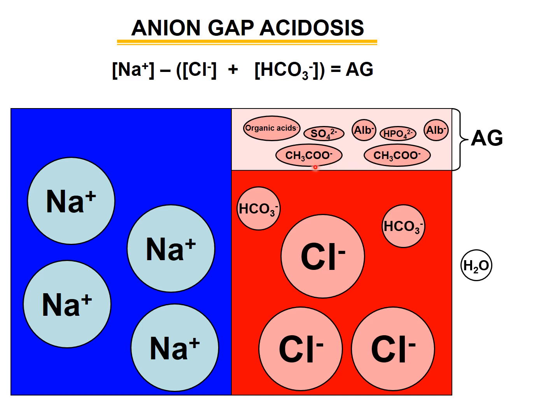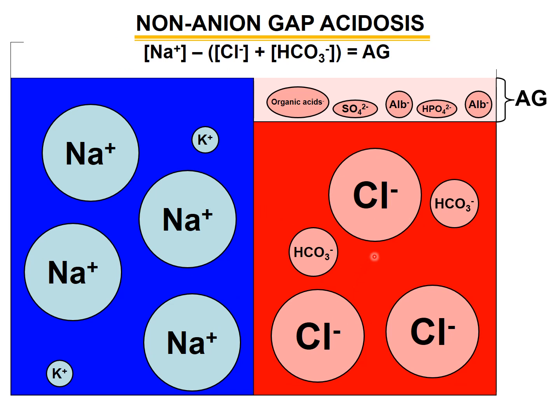So we have a negative anion of the acid in the system, but because we are not measuring it, the anion gap is going to increase. So we lost bicarbonate, and because the other ions of the acid substitute the bicarbonate, the anion gap increases.